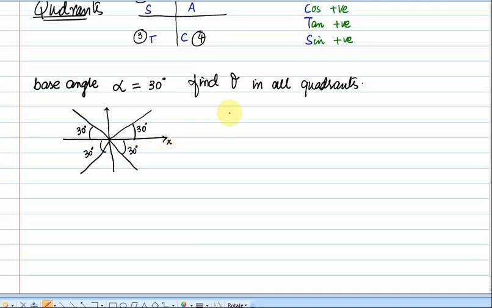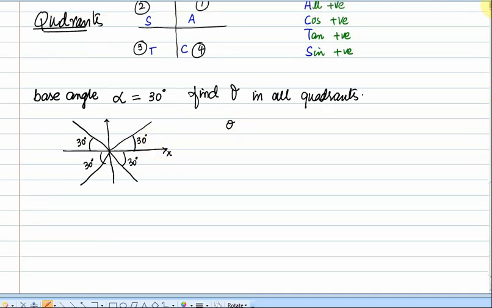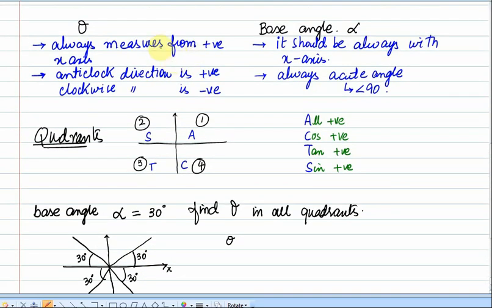The question says that we need to find theta in all the quadrants. Now for the first quadrant, if I represent theta, it starts from the x-axis, this one. Always measured from the positive x-axis.